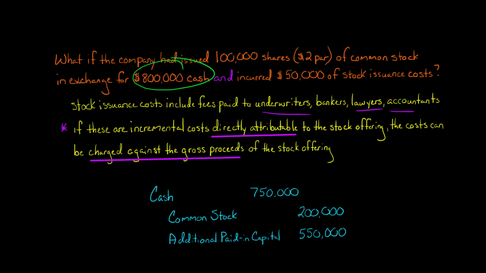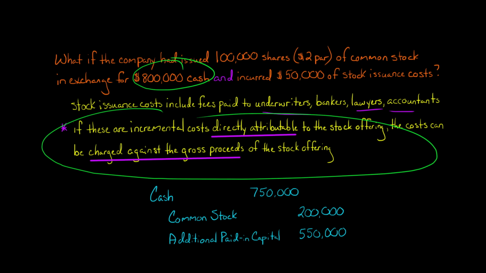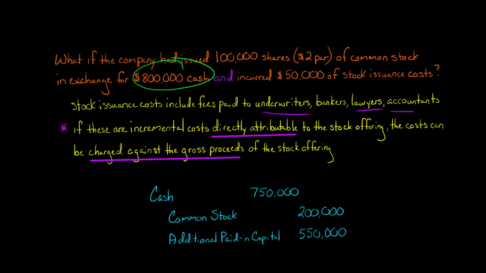So instead of debiting the cash account for $800,000, we're going to debit the cash account for $800,000 minus the $50,000 of stock issuance costs. So this is the $750,000. Okay, so they got $750,000.